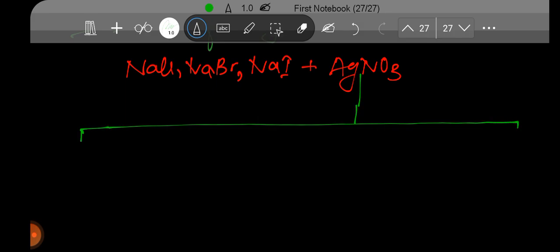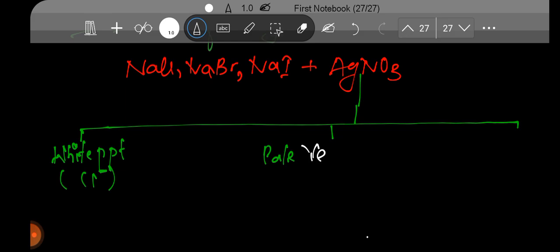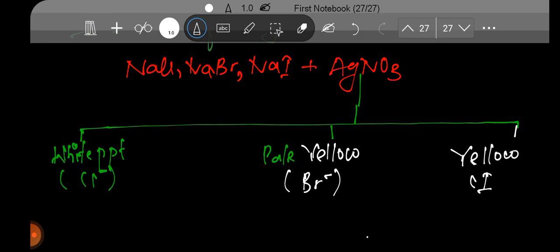If it first gives a white precipitate, then there is the presence of chlorine. If it gives pale yellow, then this is Br minus. If it gives yellow, then this is iodine.